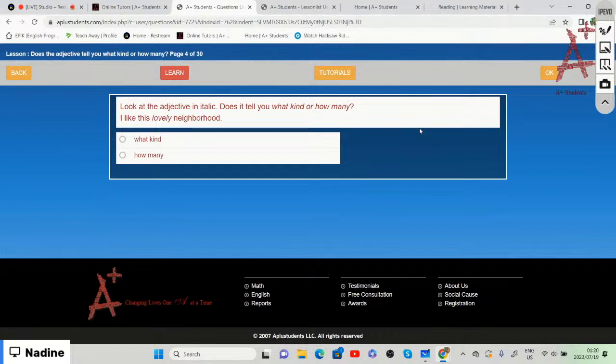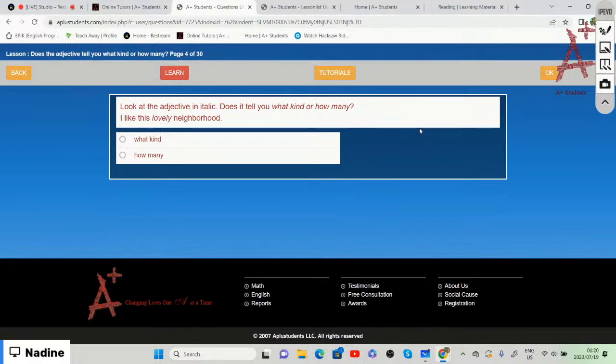I like this lovely neighborhood. So lovely, the noun neighborhood. We need to say whether the word in italics, which is lovely, is telling us what kind or how many.